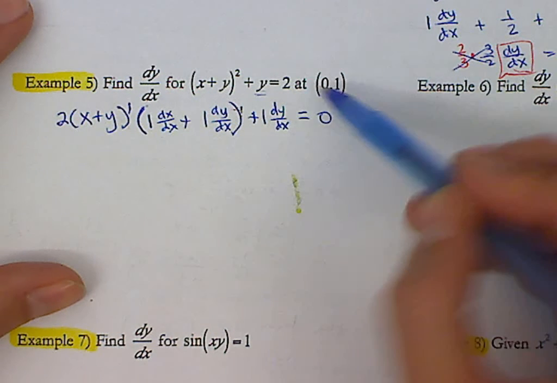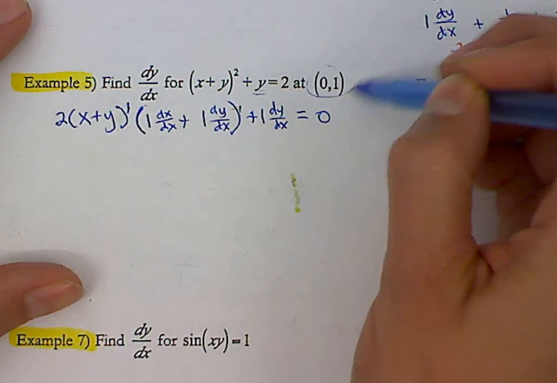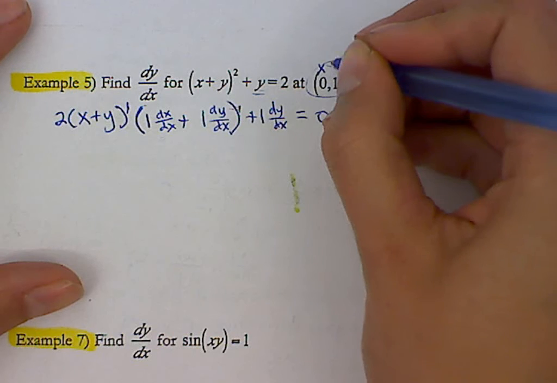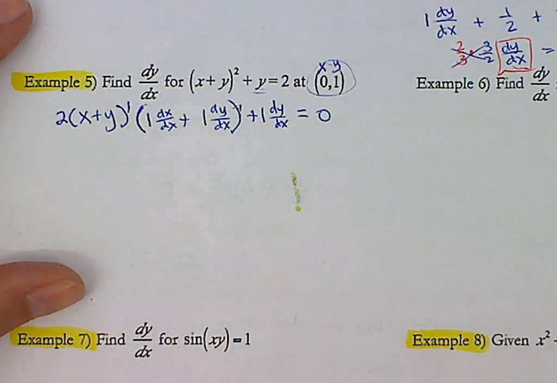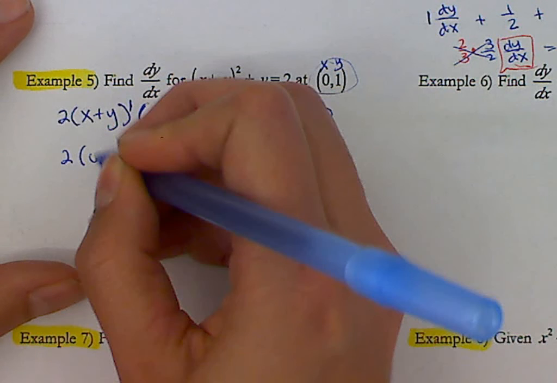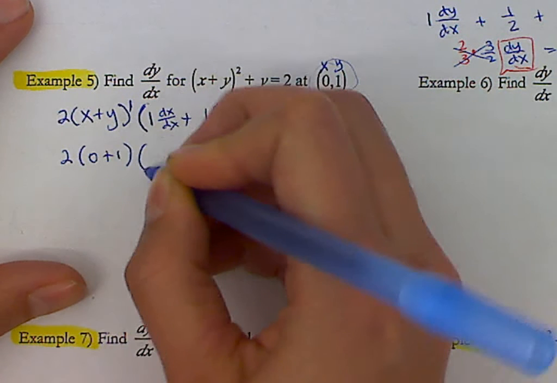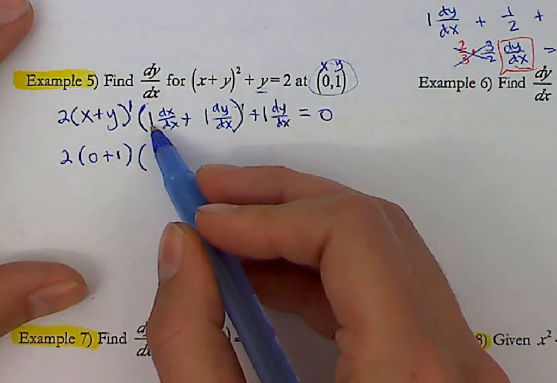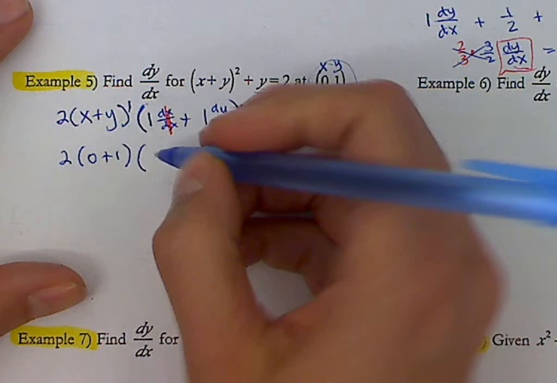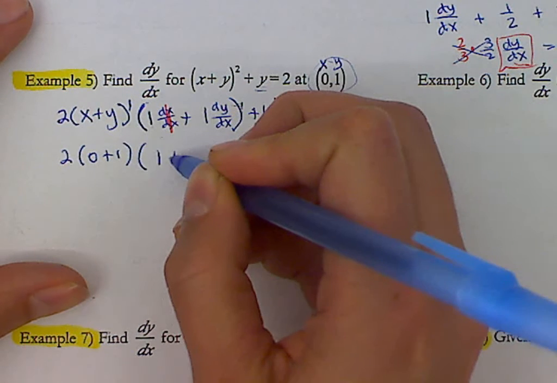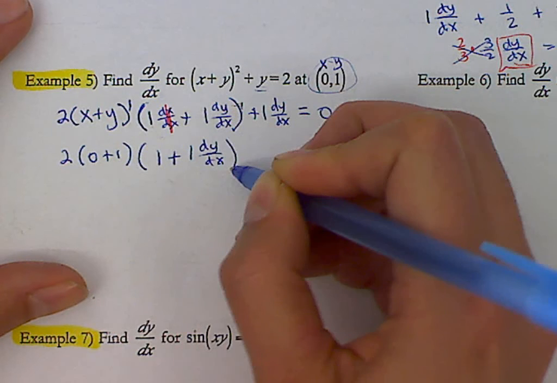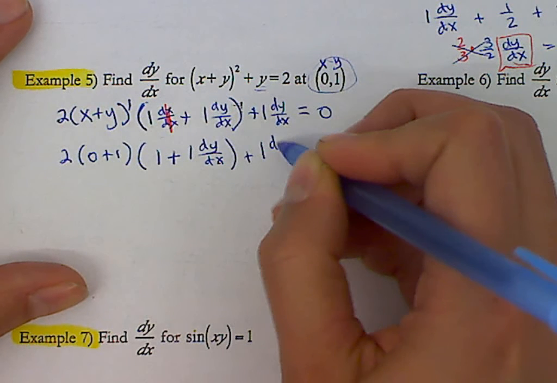To simplify this, I'm going to plug in my point 0, 1. So I'm going to plug in 0 for x and 1 for y. So this will be 2 times 0 plus 1 times 1 times 1, because my dx dx goes away. So that's 1 plus 1 dy dx plus 1 dy dx equals 0.